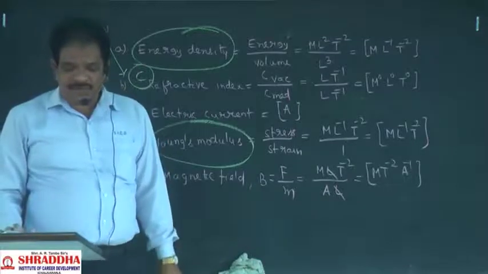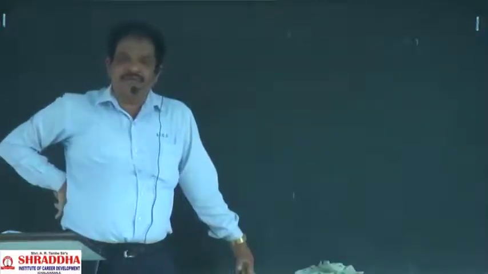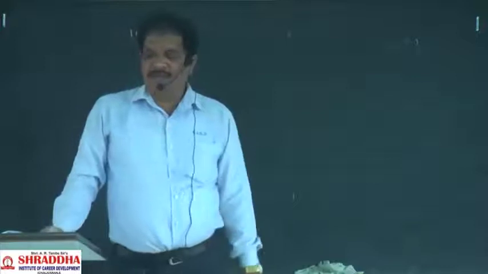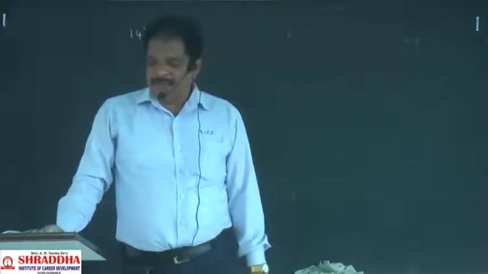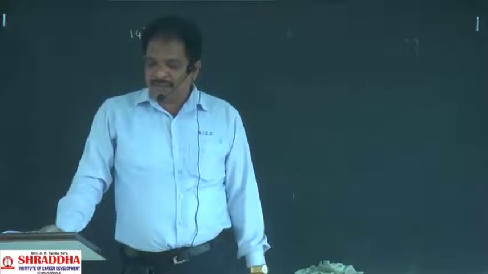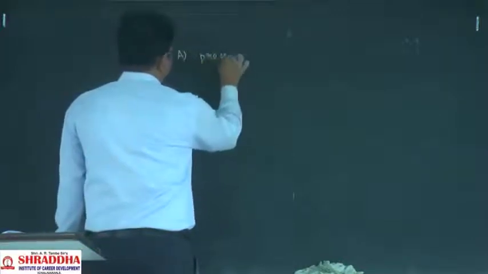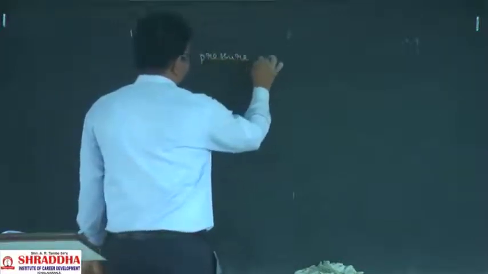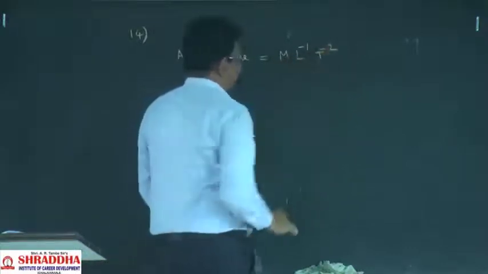Question number 14. What are they asking? Dimensions of a physical quantity are given by M power a, L power b, T power c. Then the physical quantity will be what? Pressure dimensional formula is M L power minus 1 T power minus 2.